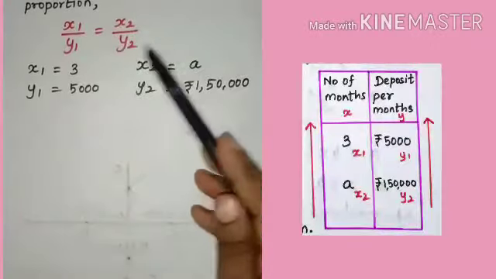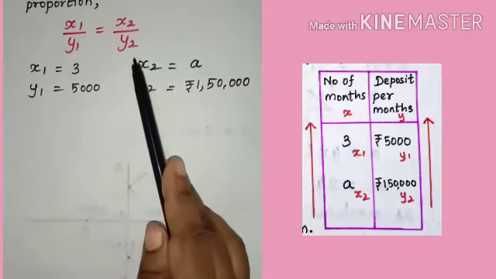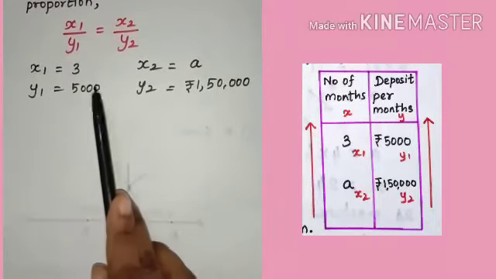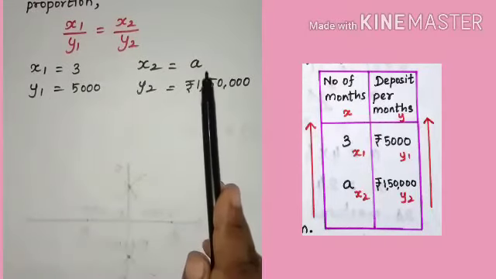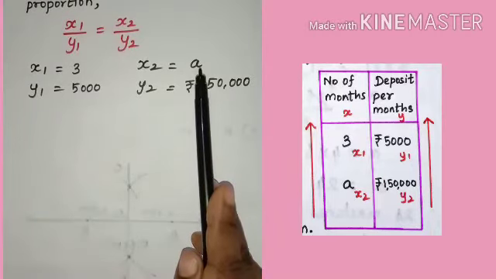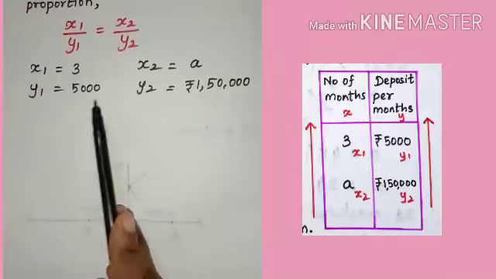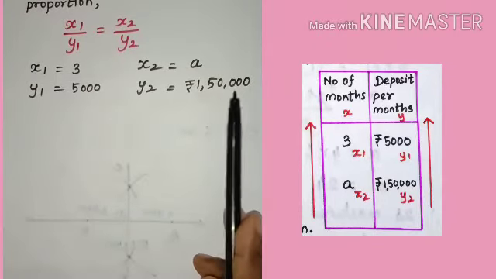Therefore, they are in direct proportion. Students, in the case of direct proportion, we know that the condition is x1 by y1 is equal to x2 by y2. Here x1 is equal to 3 months and x2 is equal to A, the unknown value we have to find. And y1 is equal to 5,000 and y2 is equal to 1,50,000.